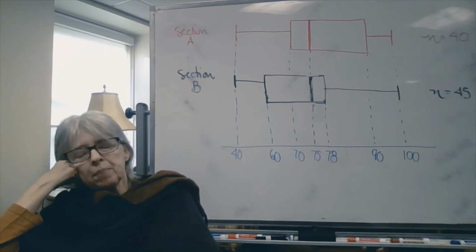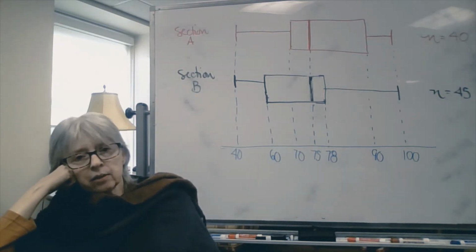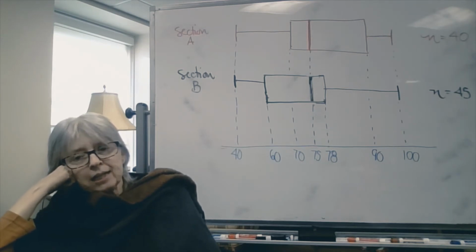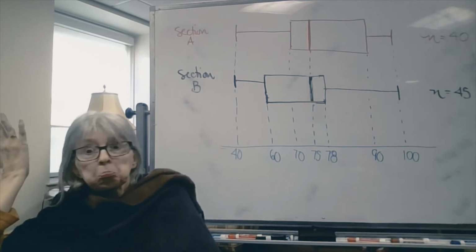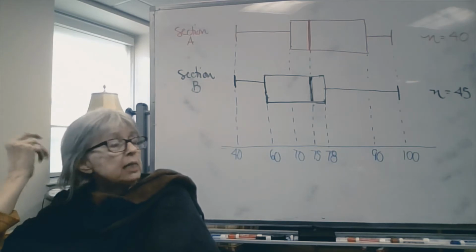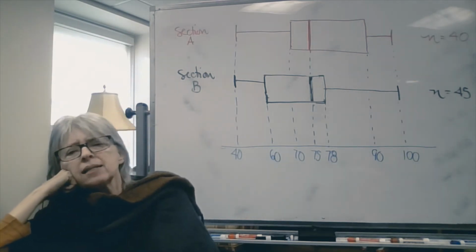Let's talk about section B. Same min, same max as the other class, so if I just looked at those, I don't see any difference. If I just looked at the median, hey, their median was 75. I don't see any difference. But when I look at their box plots, boy, do I see a difference.